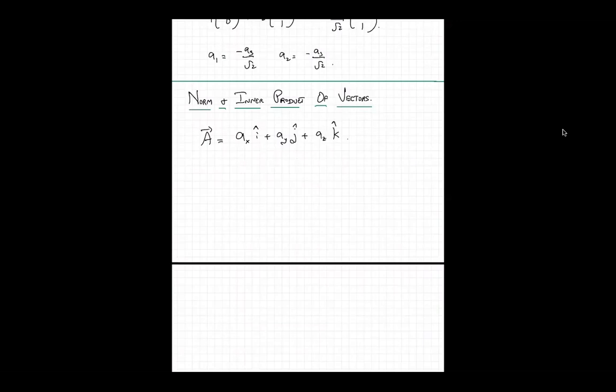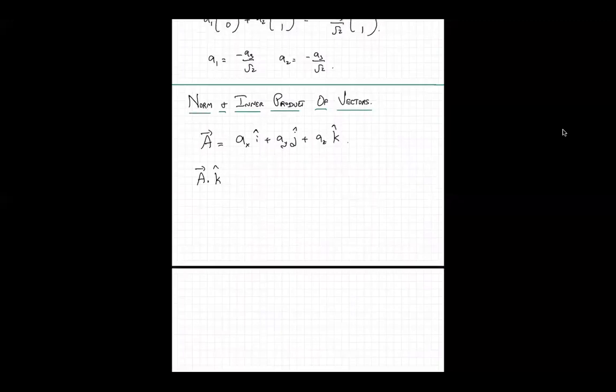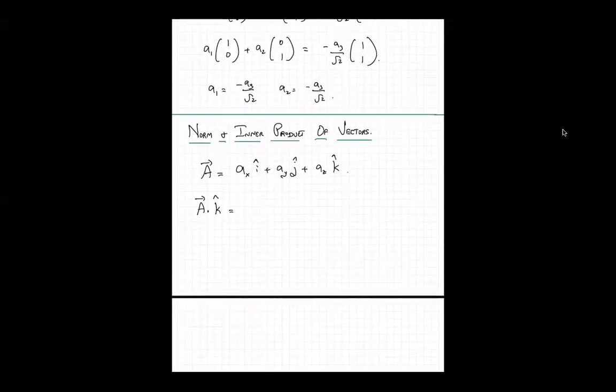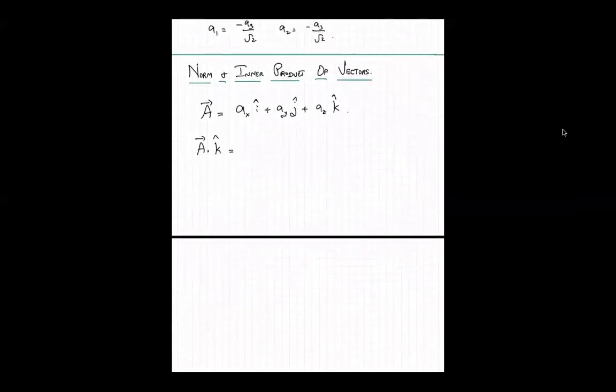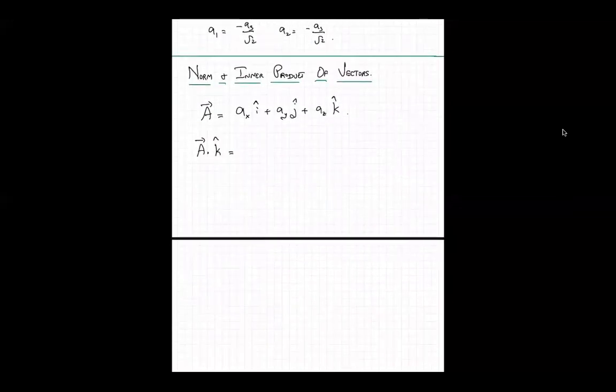The way you do it is by taking a dot product of this vector. Suppose I ask you what is the z component, in your mind, you do this, A dot k hat. And since k hat dot i hat is 0, k hat dot j hat is 0, and k hat dot k hat is 1, this immediately gives you Az, right?